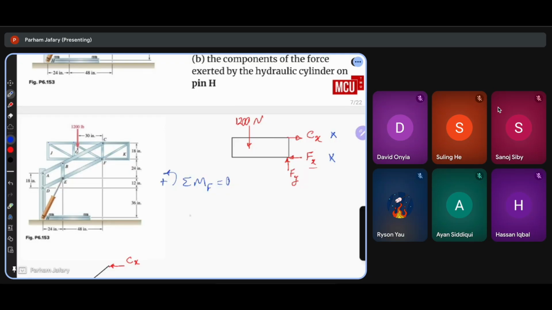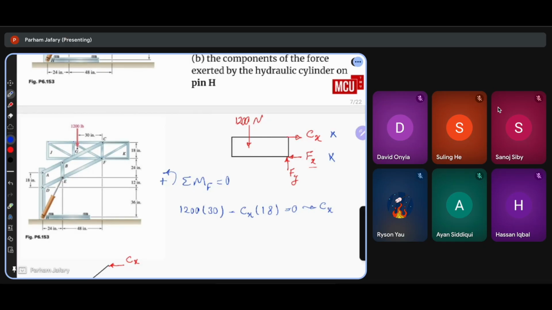And we're gonna have 1200 times 30 minus Cx times 18 equal to 0, right? And from here, you can calculate Cx to be 2,000 pounds.